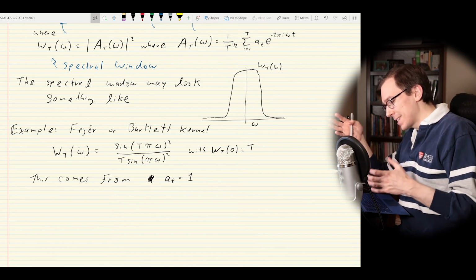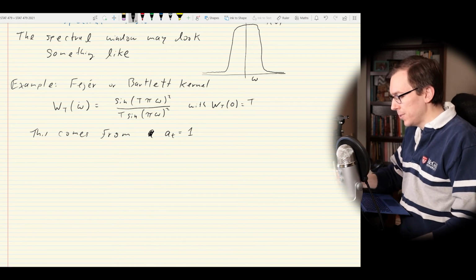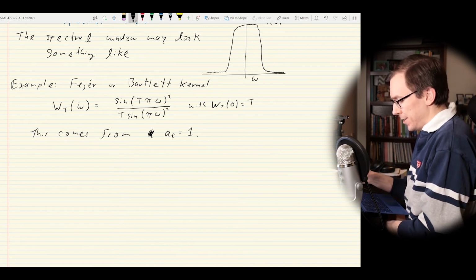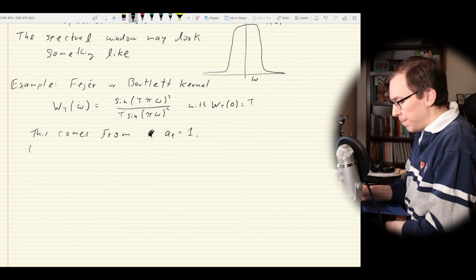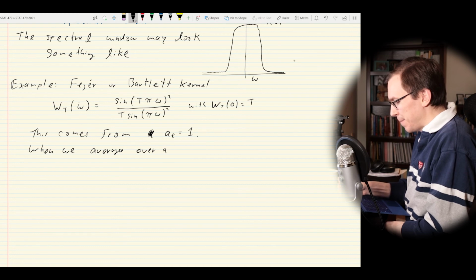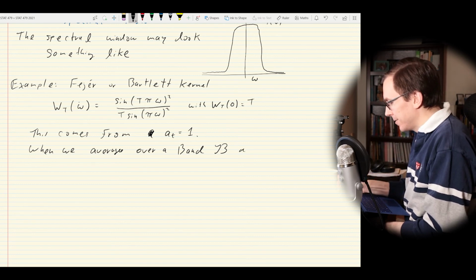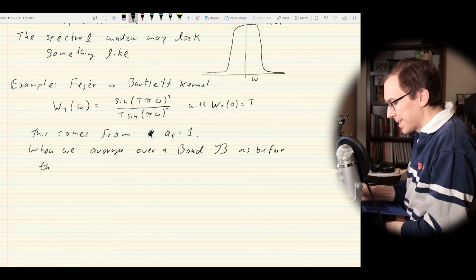But more interesting is not this kernel, but what happens when we do that averaging from above. Banding, that is. When we average over a band, script B, as before, then what happens?